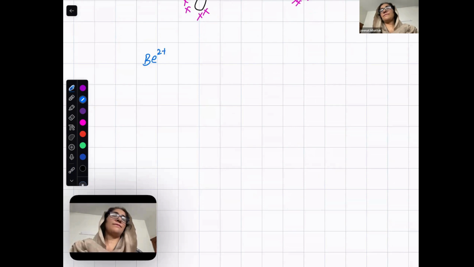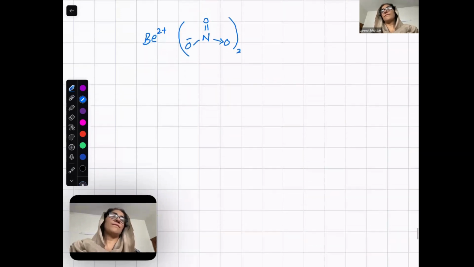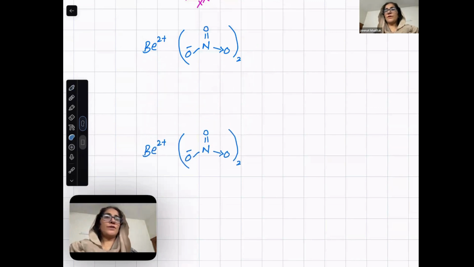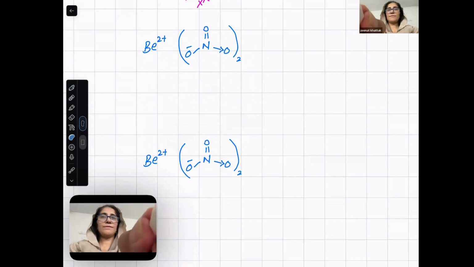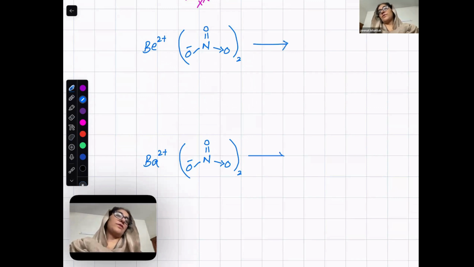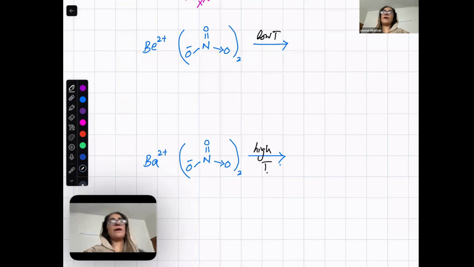So if there are nitrates, this is beryllium. And this is for barium. Now, which one needs low temperature, which one needs high temperature? You know this? Low temperature, less stable. High temperature, more stable. Why?